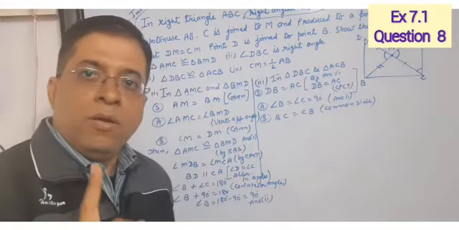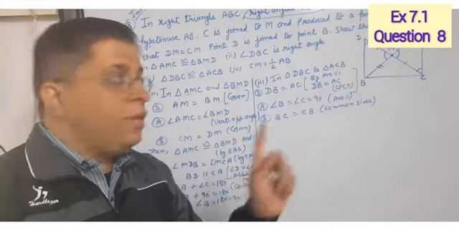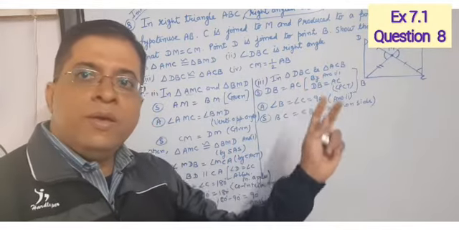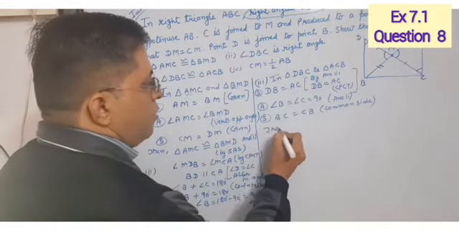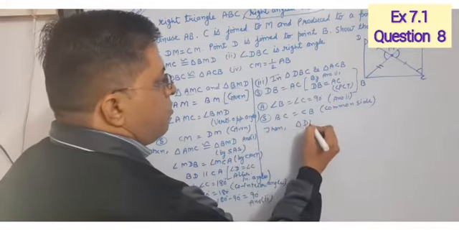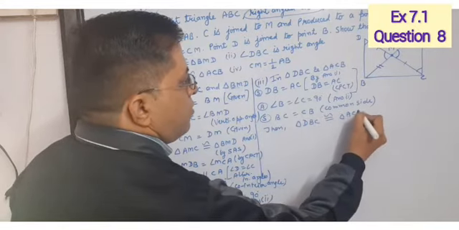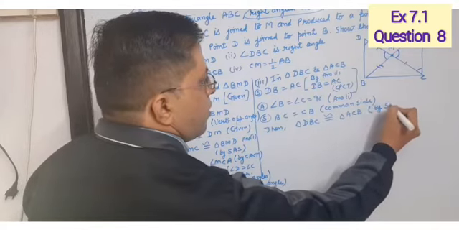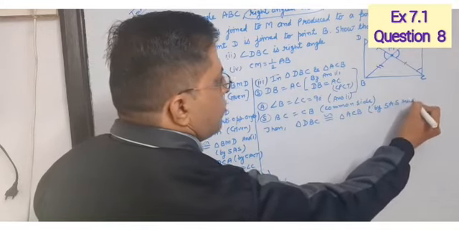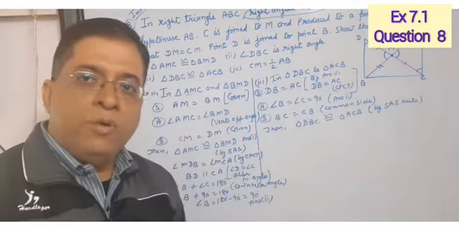Then all these three parts are here, so these two triangles should be congruent to each other. Then you can say triangle DBC is congruent to triangle ACB by SAS rule.